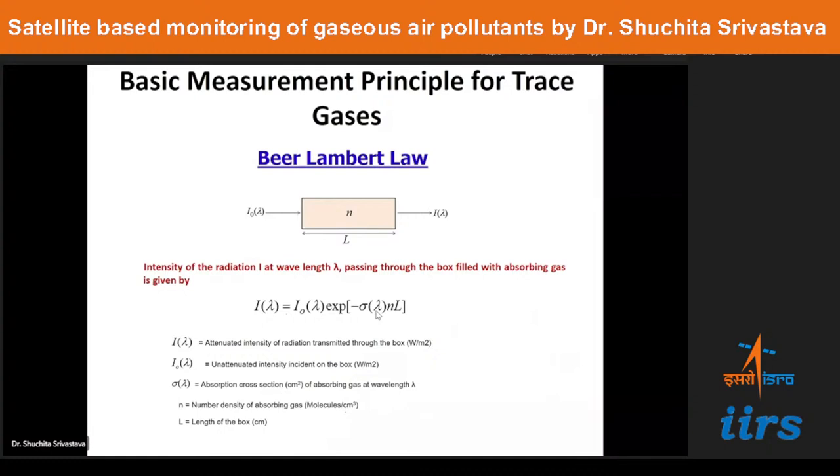According to that wavelength, the value of sigma is decided for that particular gas, and it is experimentally determined and is a known quantity for each absorbing gas. So this sigma is used for the calculation of number density of that absorbing gas. We call this equation the Beer-Lambert law for absorption.